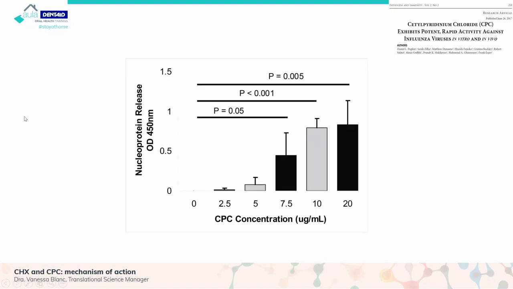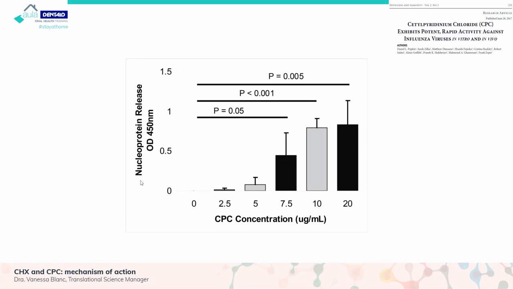And to further confirm that CPC disrupts the influenza virus envelope, these same researchers used an ELISA technique to monitor the release of nucleoprotein from viruses in response to increasing concentrations of CPC. So the viruses were treated with these different concentrations of CPC, and then they checked the increase in release of this protein of the nucleus of the virus.